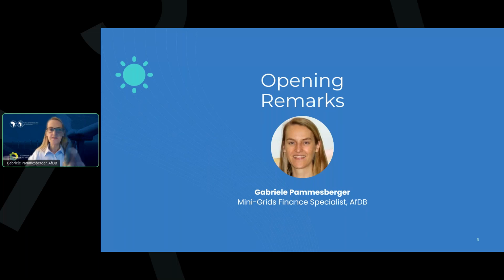So this increases complexity and also the administrative burden on the developers. And thirdly, many developers operate within limited human and financial resources, making it difficult to dedicate sufficient capacity to ESG compliance. This in turn can limit also their ability to access financing.